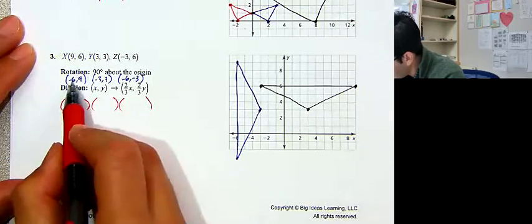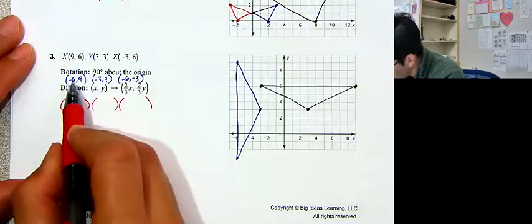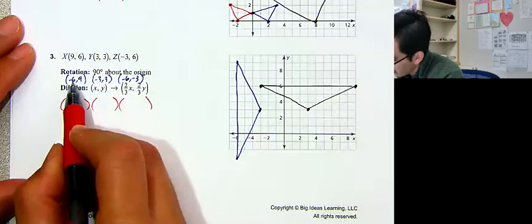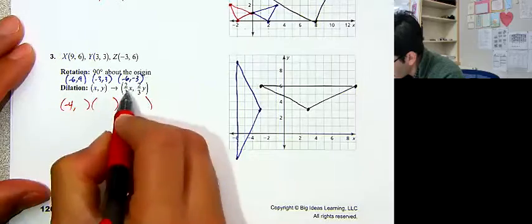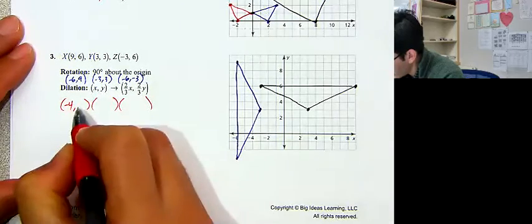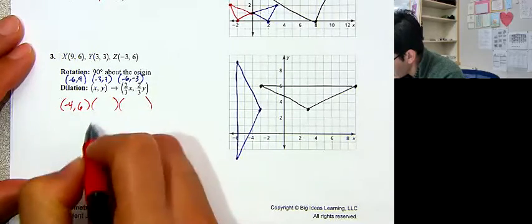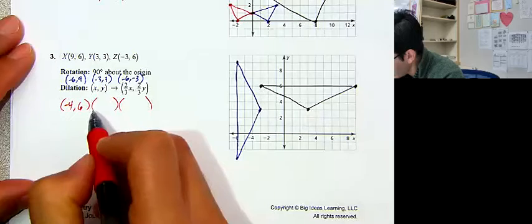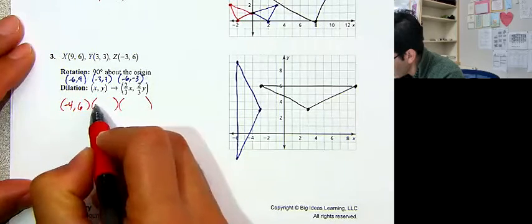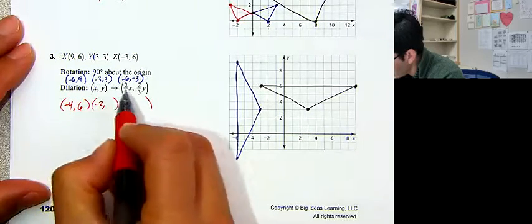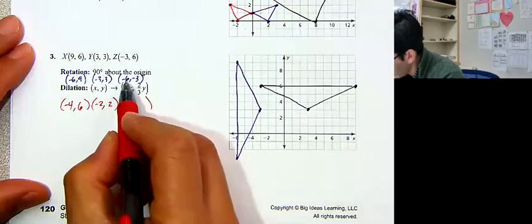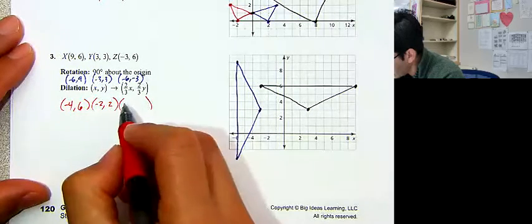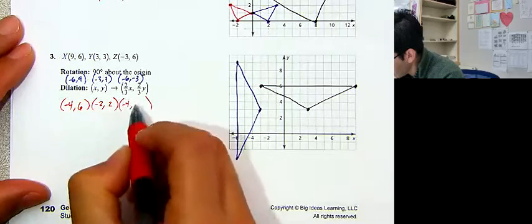All right, so -6 times 2/3. Boy, what's that going to be? -4. 9 times 2/3 is going to be 6. -3 times 2/3 will be -2. 3 times 2/3 is +2. -6 times 2/3, -4.